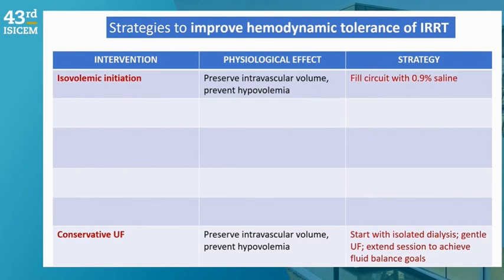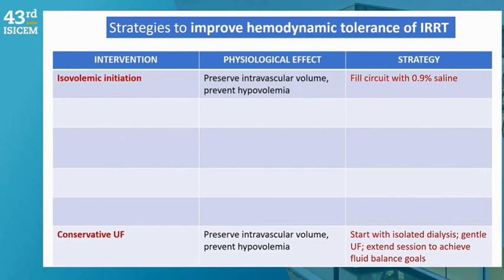The first is to use conservative ultrafiltration. This is the last one. For me, it's the most important thing. Why? Because it's probably the most important intervention to decrease hemodynamic instability due to renal replacement therapy. So we have to start with zero ultrafiltration, then gentle ultrafiltration.